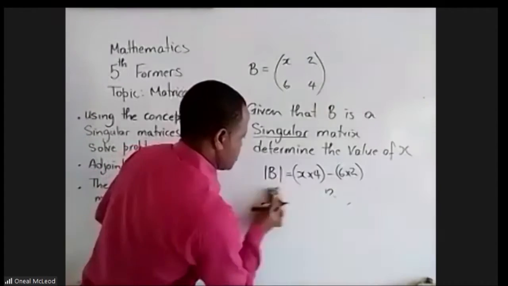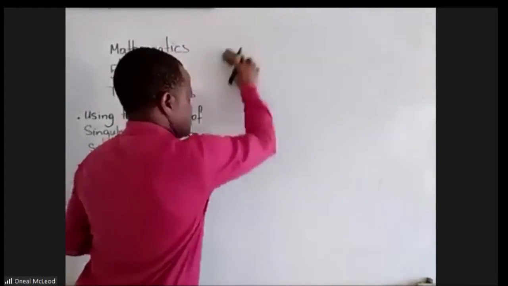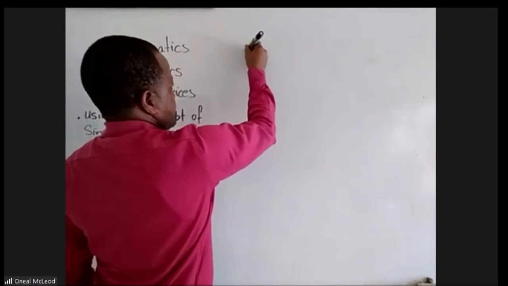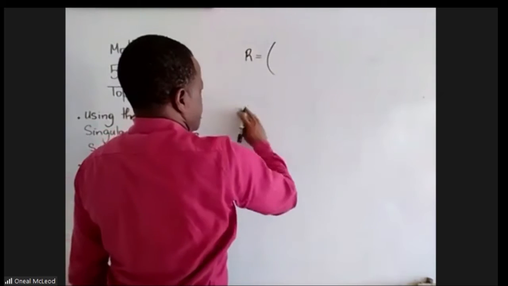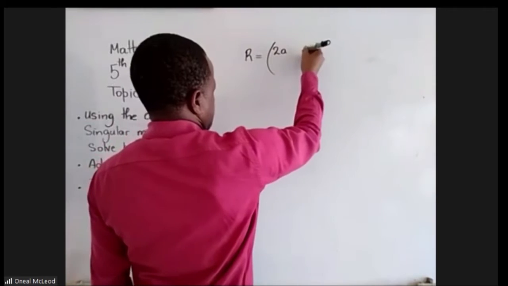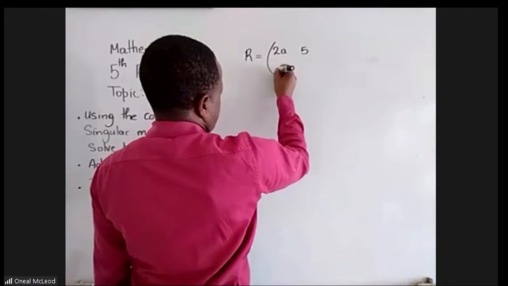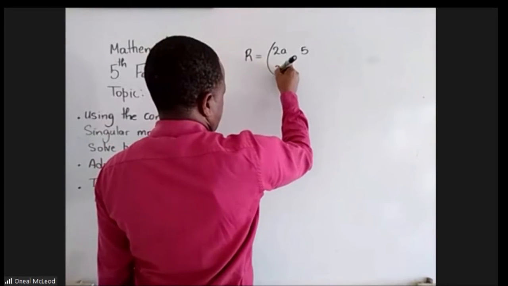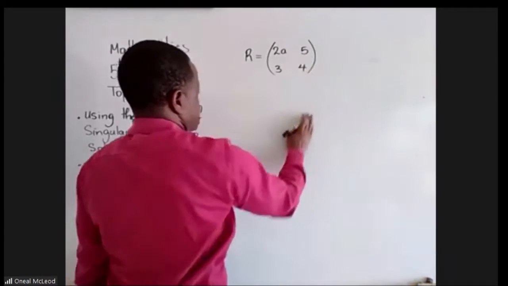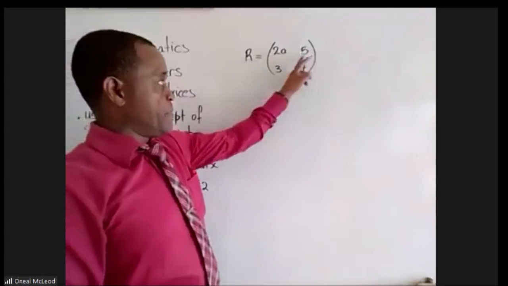So let's go. Now, the matrix R is 2A, 5, 3, 4.